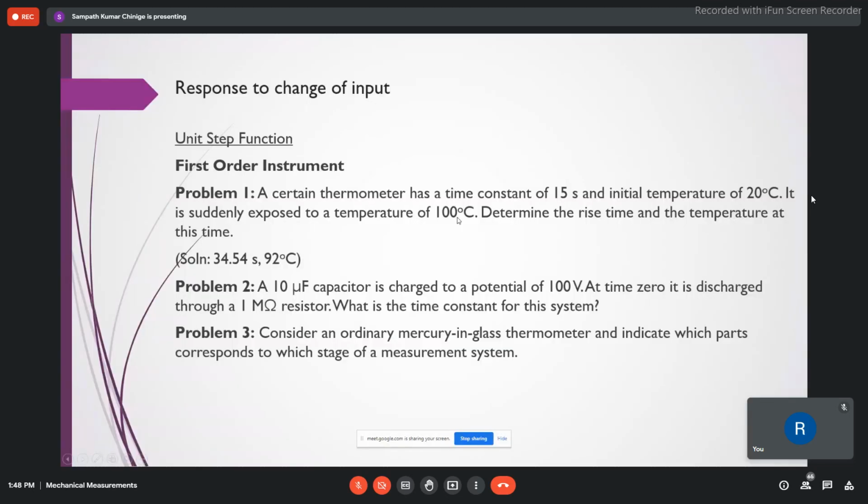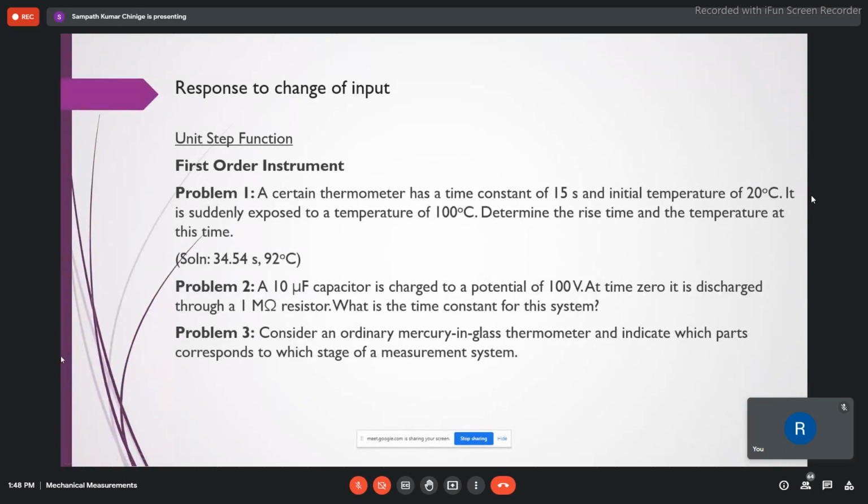What he is asking is to determine the rise time and the temperature at this time. So there are two things being asked: one is the rise time, and the second is the temperature at that particular time.